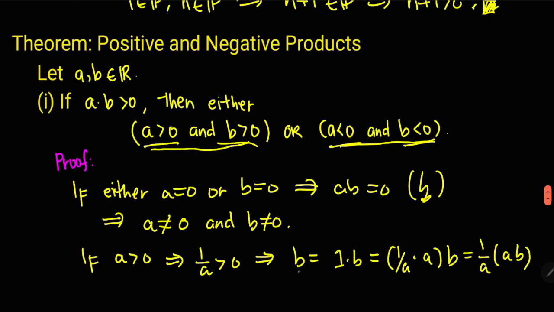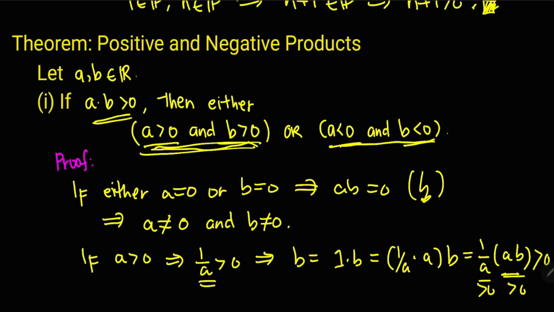So B can be written as 1 over A times AB. But if 1 over A is positive, and AB by assumption is positive, then the product must be positive. So that means B is also positive. So if A is positive, then we can also conclude that B is positive. So we have this scenario. Both of them are positive.